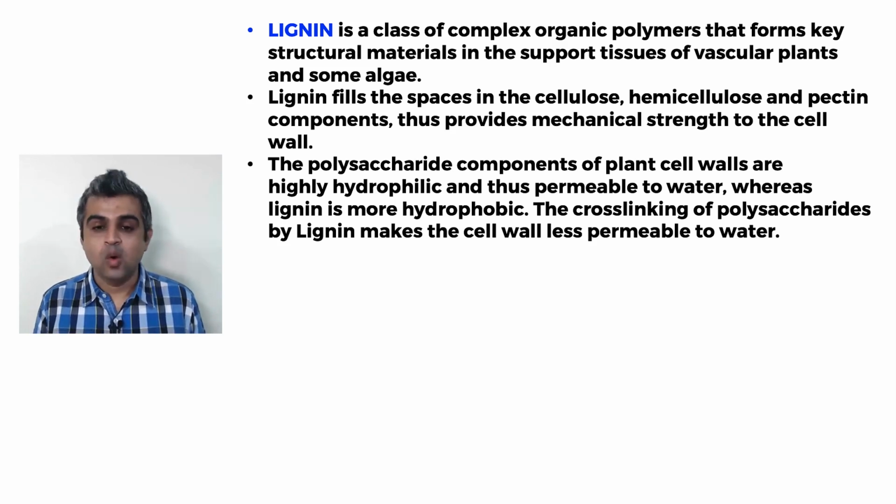Once again, all these things are going to come in much more detail in the future chapters. But for today, I hope you got a little idea of lignin: it is a tough, complex polysaccharide, it is difficult to break down, it is going to be hydrophobic, and if it gets deposited in the cell wall it is able to provide tremendous support but loses all flexibility.